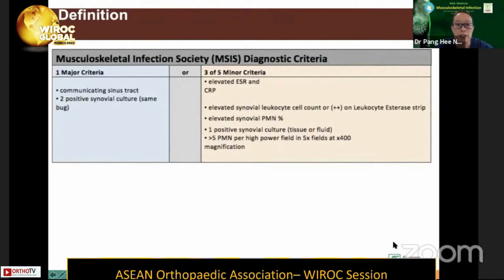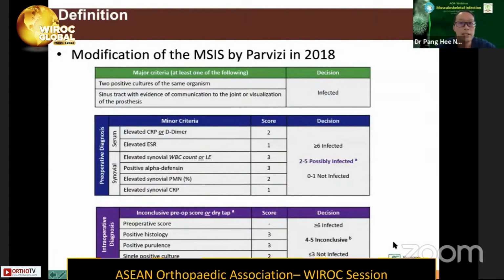And these are the minor criteria: ESR, CRP, white cell count on aspirate or a leukocyte esterase strip, elevated polymorphonuclear cell count, and 1 positive synovial culture, or more than 5 polymorphonuclear cells per high power field, X400 magnification. This is the modification by Parvizi in 2018.